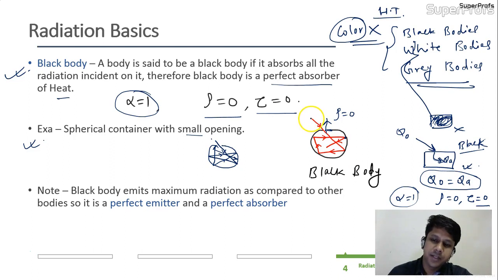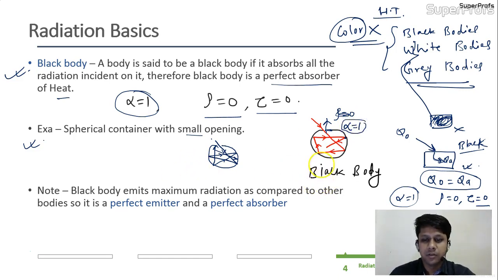Because from where the rays are entering, there will be no reflection. If a ray wants to go out, the probability for it to go out of this spherical container is very, very less. So we can say all of the radiation will be absorbed here and alpha will be equal to 1.